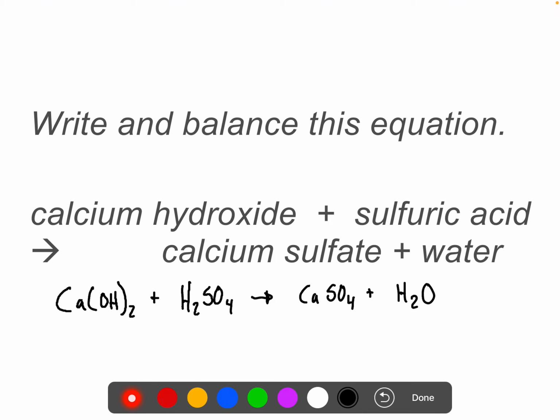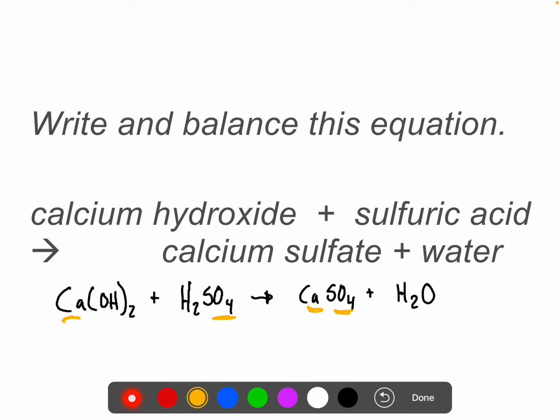Polyatomic ions are actually good with respect to the sulfate. Sulfates are good. So calcium's good, sulfates are good. What's not good is the hydrogens and the oxygens. So since this is all together, don't worry about the oxygens in the sulfate. Those are fine. Just worry about the other oxygens.